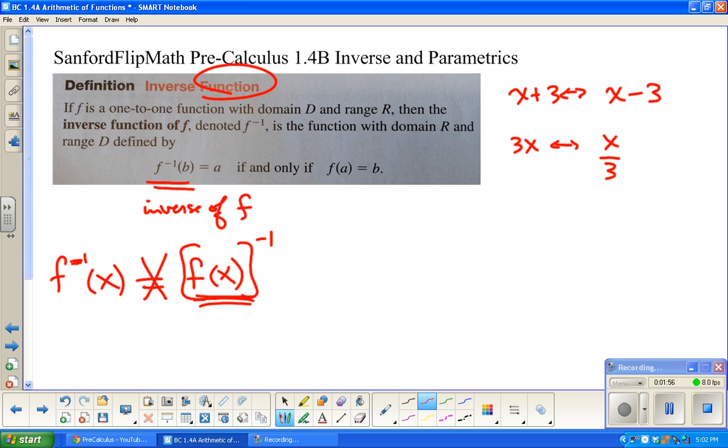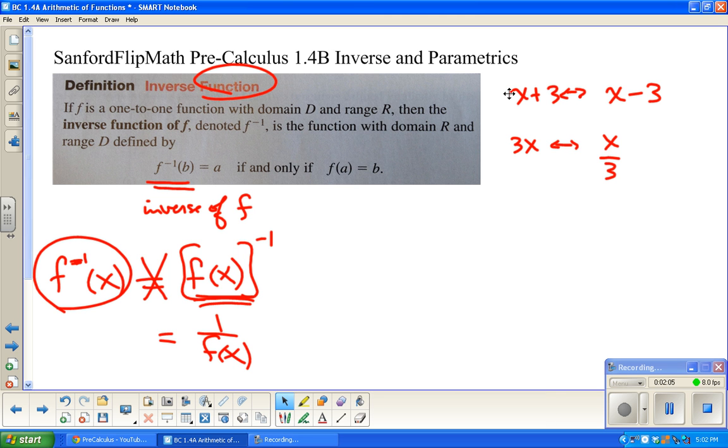That would mean reciprocal, 1 over f of x. I wasn't the one who made up this notation, and I'm sorry it's like this, but when you put that -1 in there, it means the inverse of f of x.